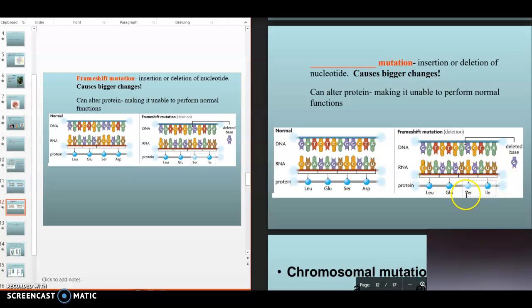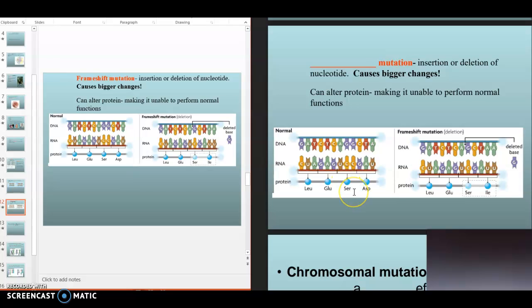So why doesn't this base here change? Just because this one here is CAG, this one's still CAG. Now sometimes it will happen and everything is okay. Sometimes the base will change and it still will code for the same amino acid, and that's because of wobble.